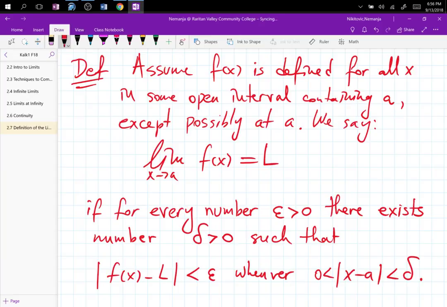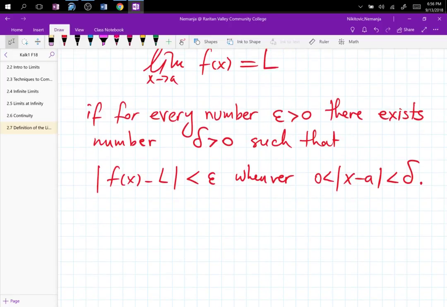And to make sense of this, we have to draw those pictures. Before we go and draw the pictures, the symbol is called epsilon. It's a Greek letter, and it is equivalent to our E. Delta is equivalent to our D. So epsilon and delta are Greek letters.